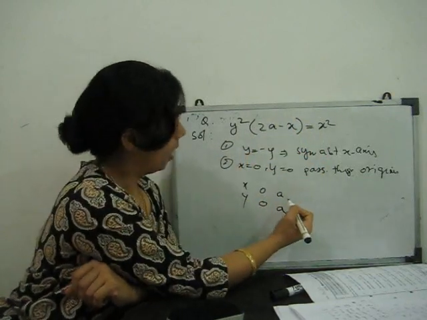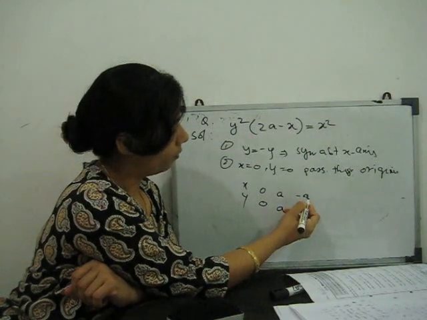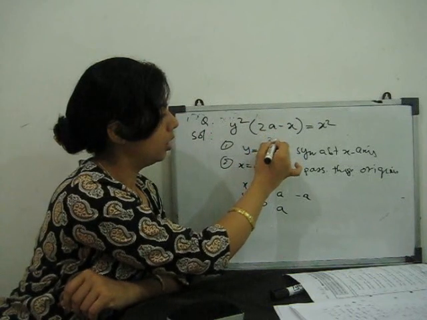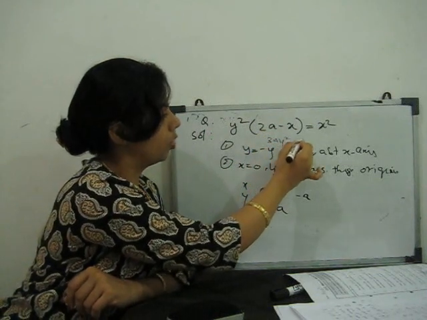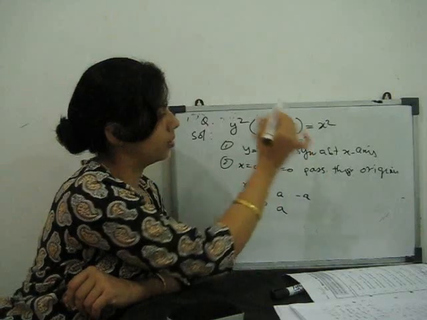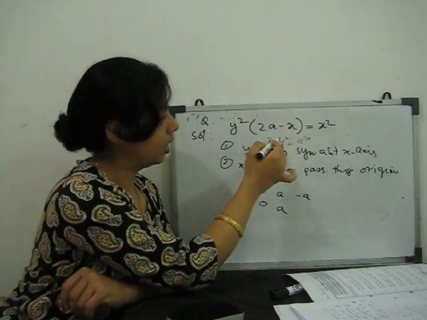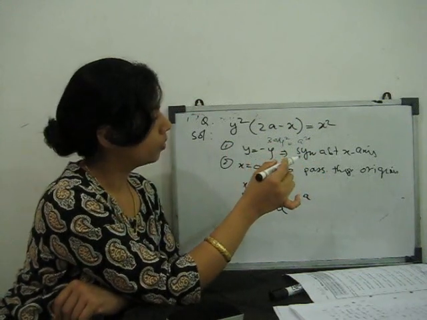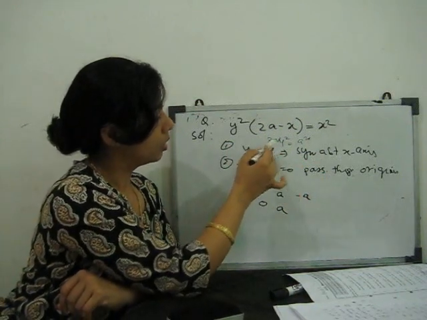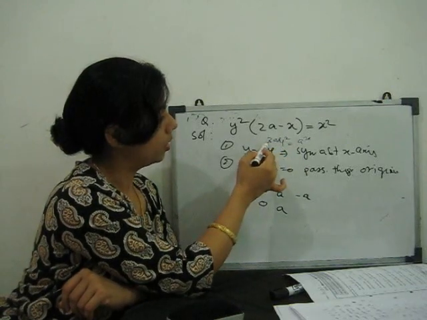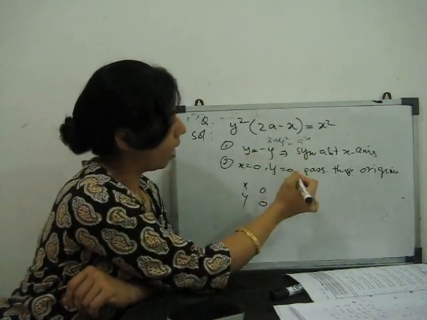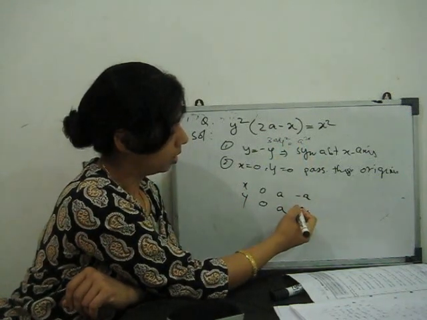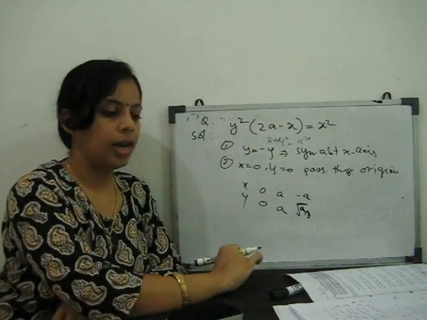If we put x is equal to minus a, it means this is minus 3a, y square is equal to a square. Correct? a cancels. Then y square is equal to a by 3, means root a by 3, and so on.